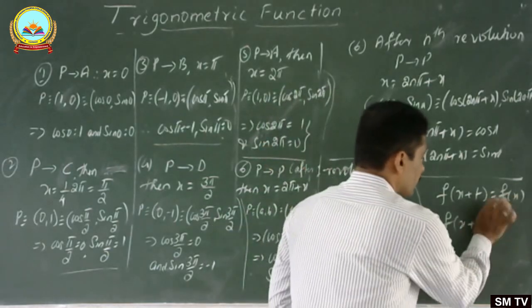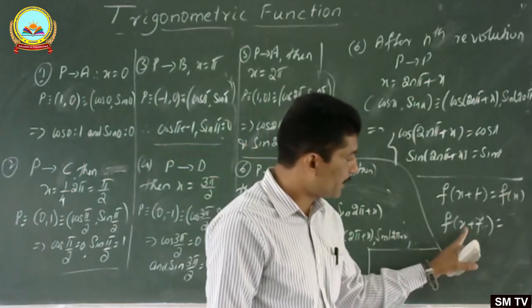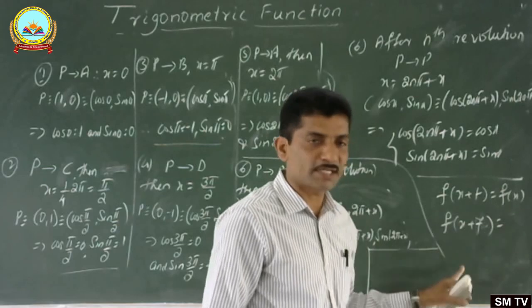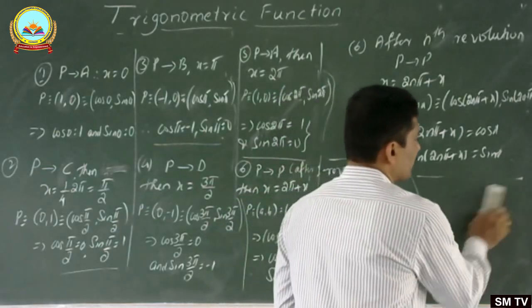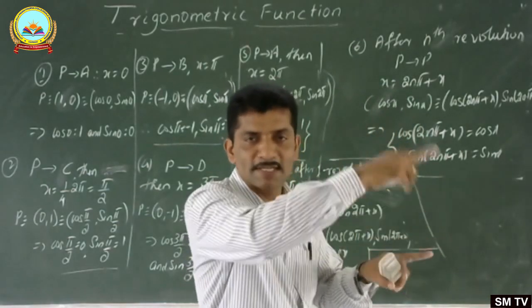Or in a week, you can say 7 plus x: Monday plus 7 days, you get Monday. Tuesday plus 7, Tuesday. This type of function is said to be a periodic function. It means the values come back to the same values, but the rotation is increasing.